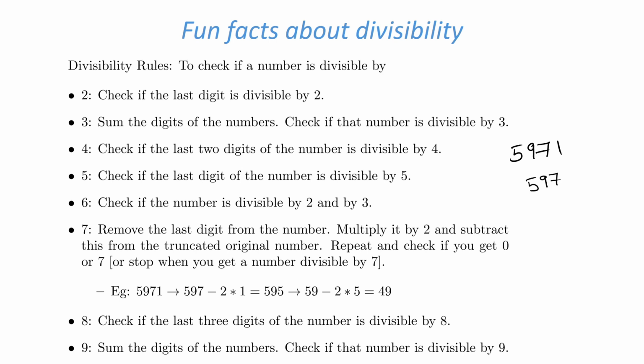I multiply the removed digit by 2 and subtract this from the truncated original number. So the removed digit was 1, and I multiplied by 2 to get 2, and I subtract to get 595. I repeat this procedure. So now I take 5 multiplied by 2, that's 10, and I subtract it from 59.